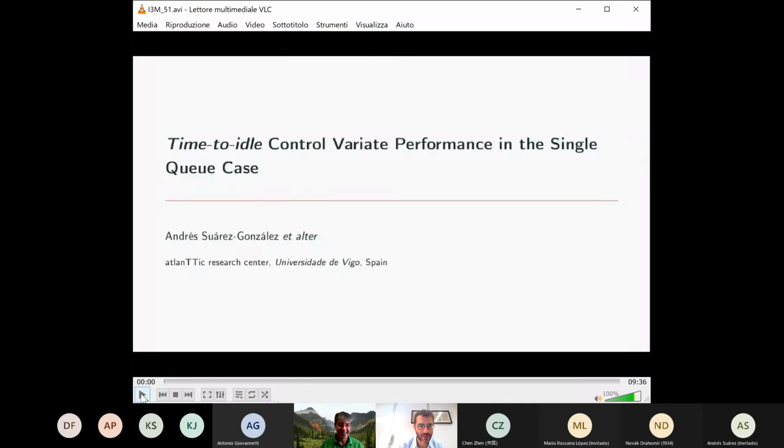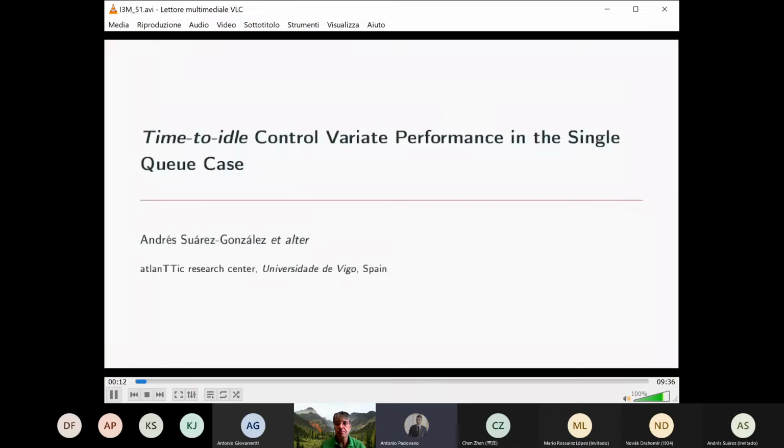No problem. Enjoy. Hello, my name is Andrés Suárez, and I'm going to present our performance study of the time-to-idle process used as a control variate in the single queue case. This process was developed for the case of several queues attended by only one server using a polling discipline.